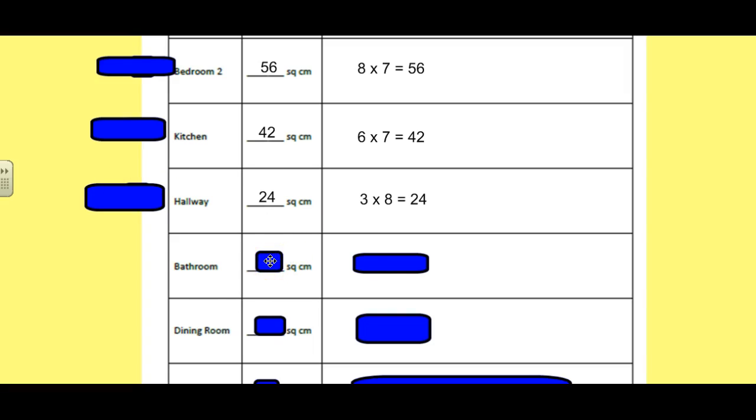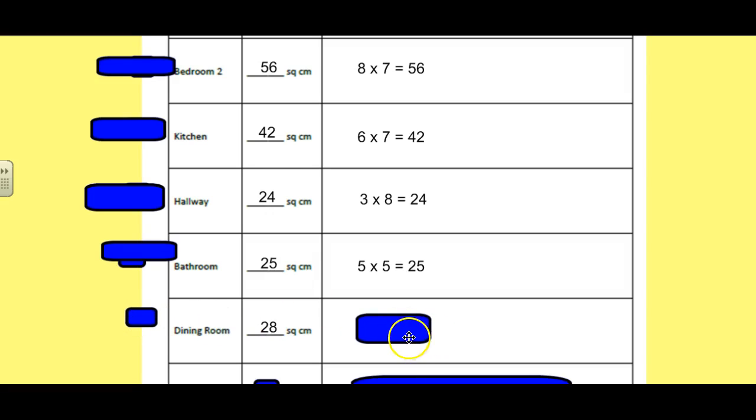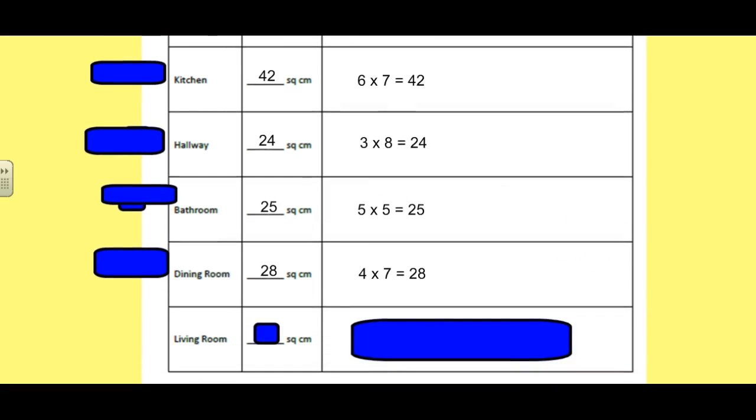The area of the bathroom was 25 square centimeters, and the equation was 5 times 5 equals 25. The dining room had an area of 28 square centimeters, and the equation was 4 times 7 or 7 times 4 is equal to 28.